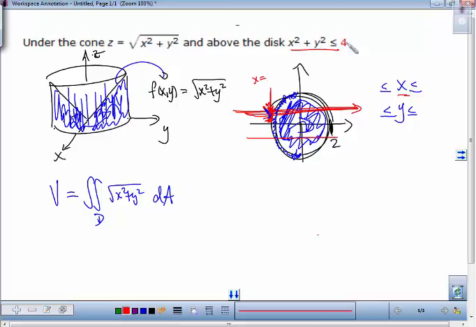So if I take this equation and solve for x and realize that these x values are negative, I must be looking at the negative square root of 4 minus y squared, if I solve for x.